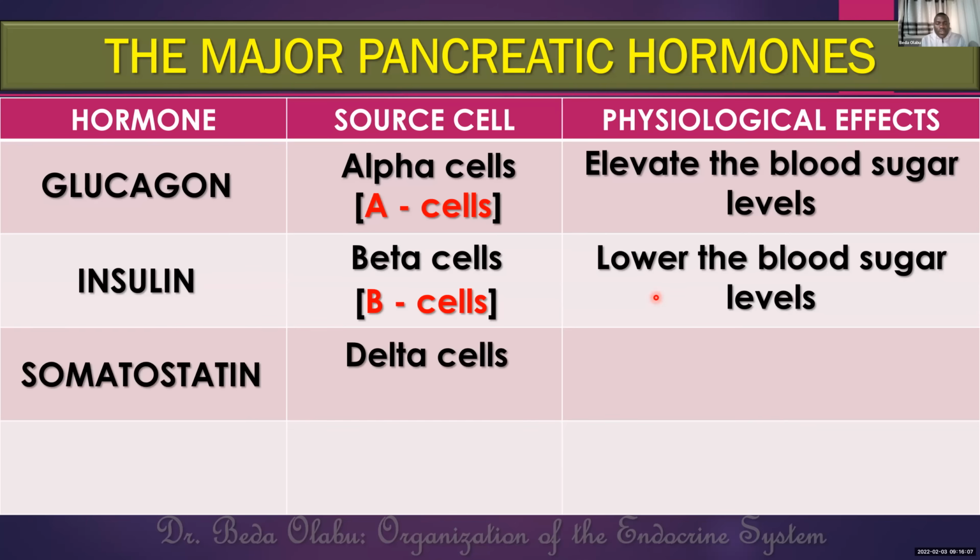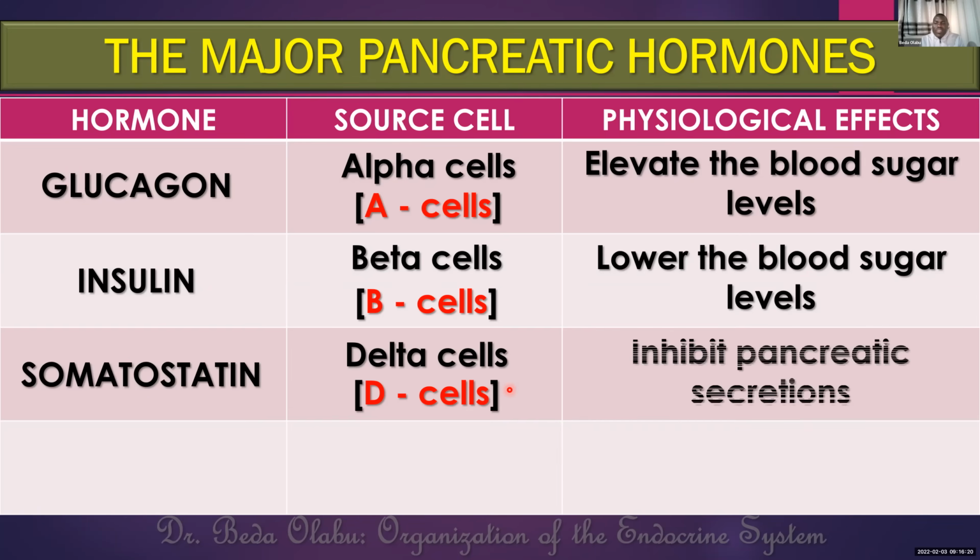Somatostatin is the third hormone. It comes from the delta cells, which we call the D cells. I hope you've noted that we don't have C. We came from A, B, then now D. Somatostatin inhibits pancreatic secretions. Now, these secretions are both endocrine as well as exocrine.